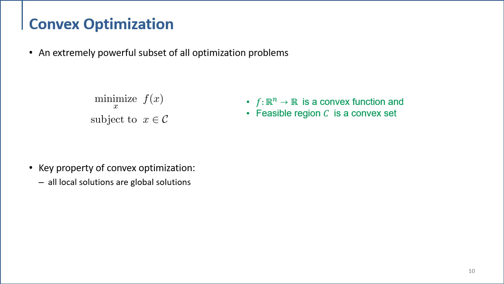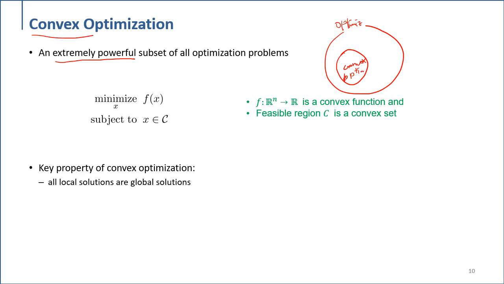Convex optimization is an extremely powerful subset of all optimization problems. So let's say all optimization problems look like this; we can mark the convex problems, convex optimization, and the non-convex ones.